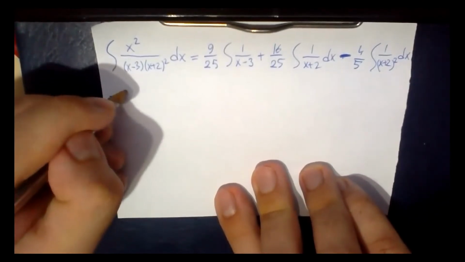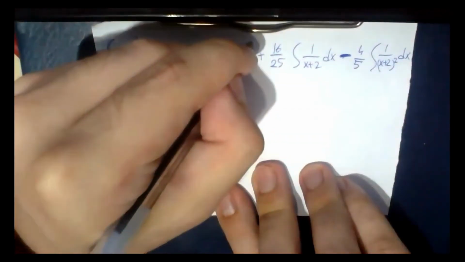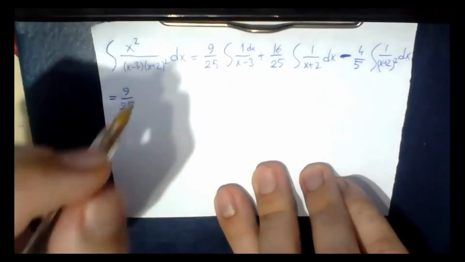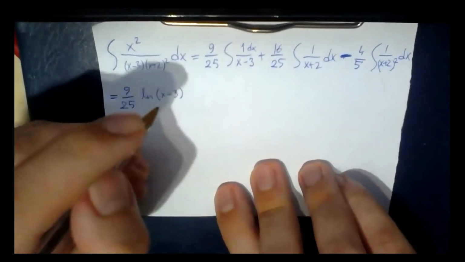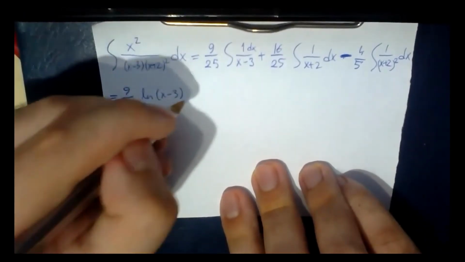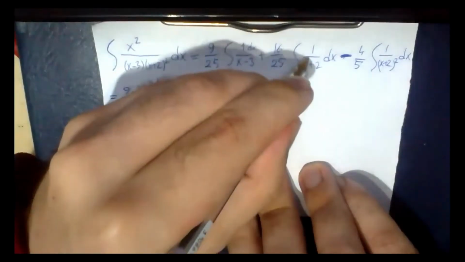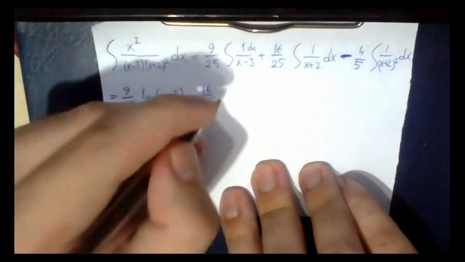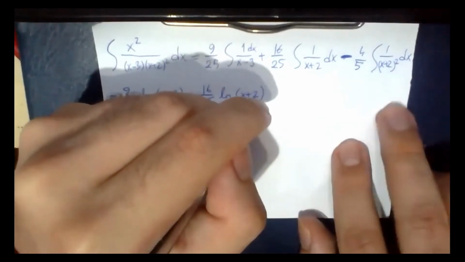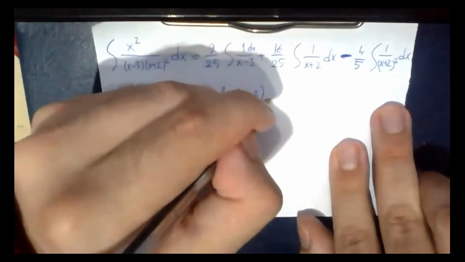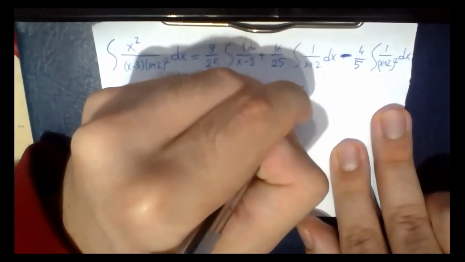Then this will be equal to 9 over 25 times integral of 1 over x minus 3, which is ln of x minus 3, plus 16 over 25 times this integral, which will be equal to ln of x plus 2, and for the last one we have minus 4 over 5 times integral.